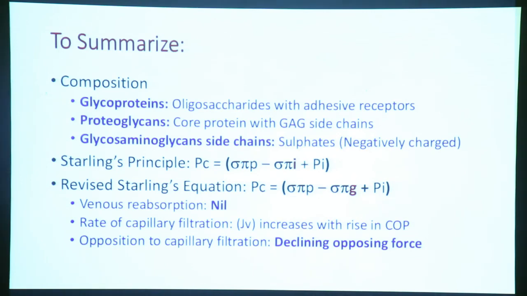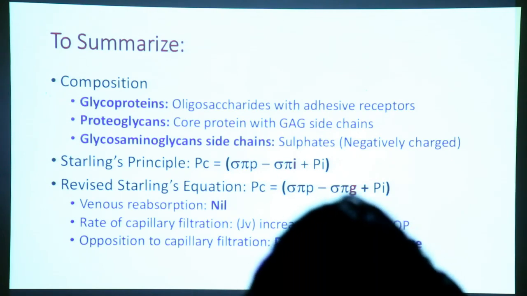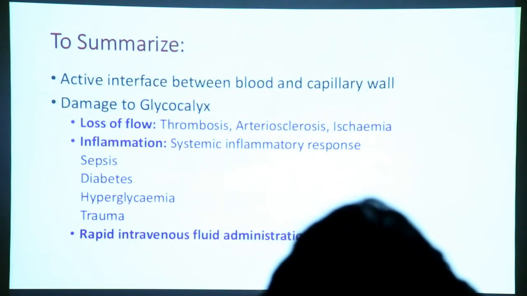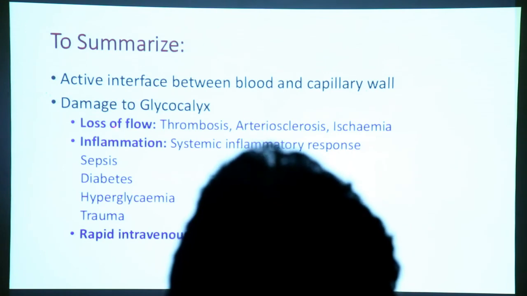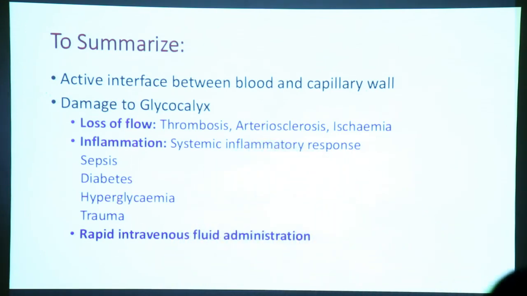In the revised Starling equation, the interstitial oncotic pressure is replaced by the glycocalyx osmotic pressure. There is no venous absorption. Rate of capillary filtration increases with the rise in oncotic pressure. Opposition to the capillary force is declining. And these are the factors which can lead to damage to glycocalyx. Thank you very much.